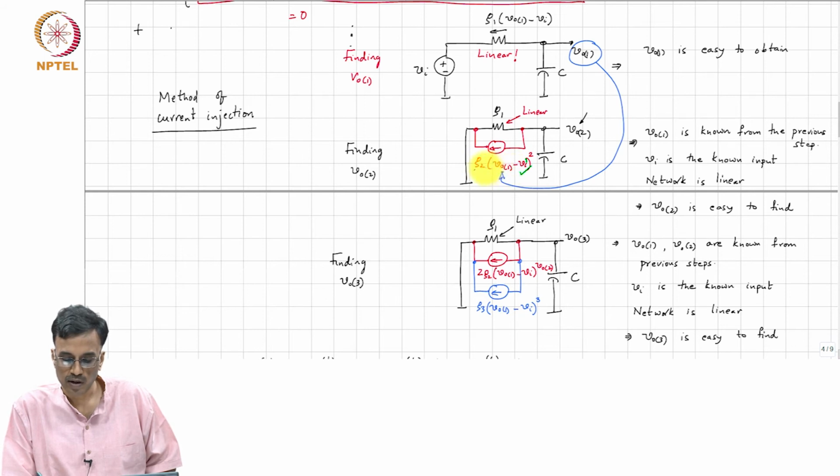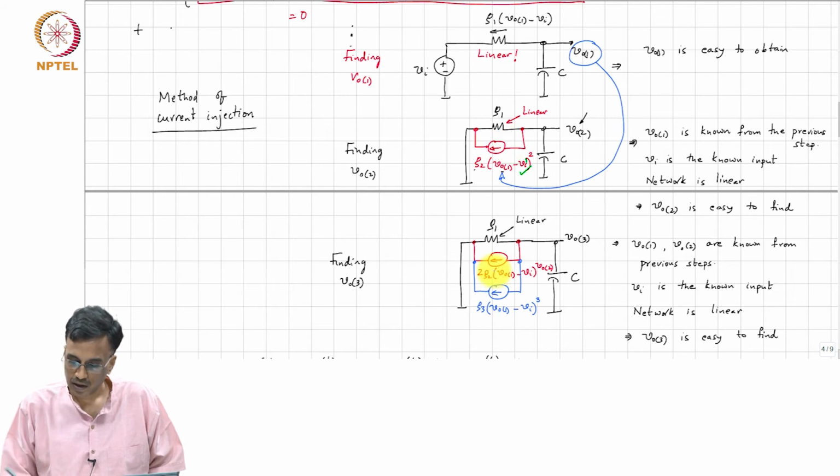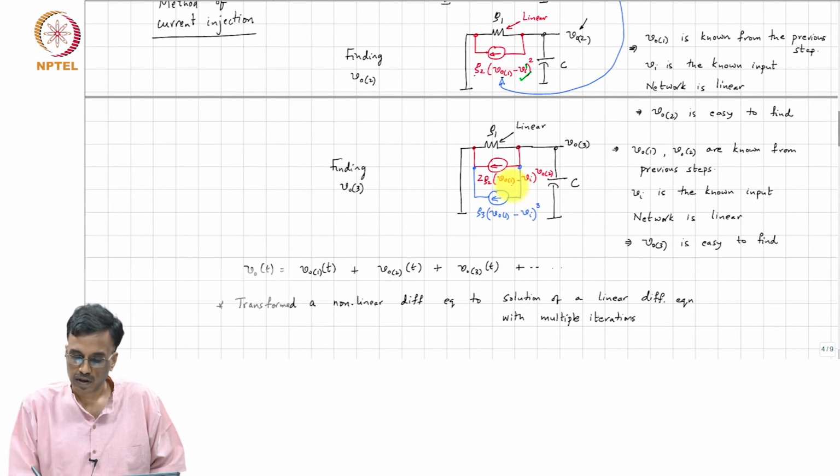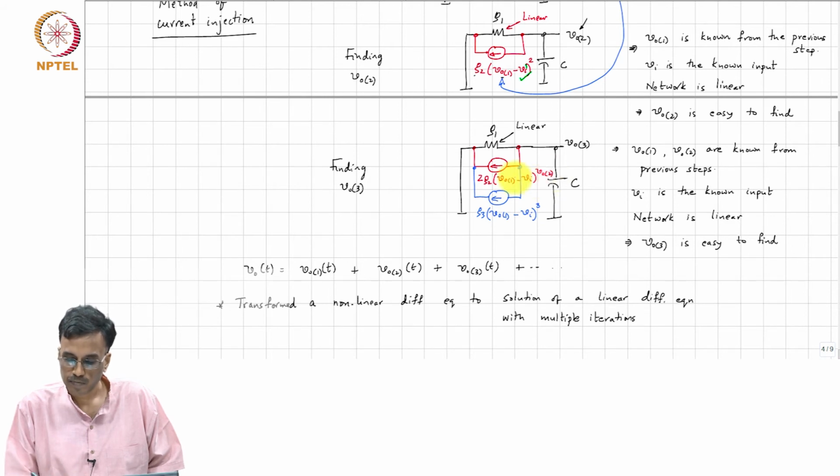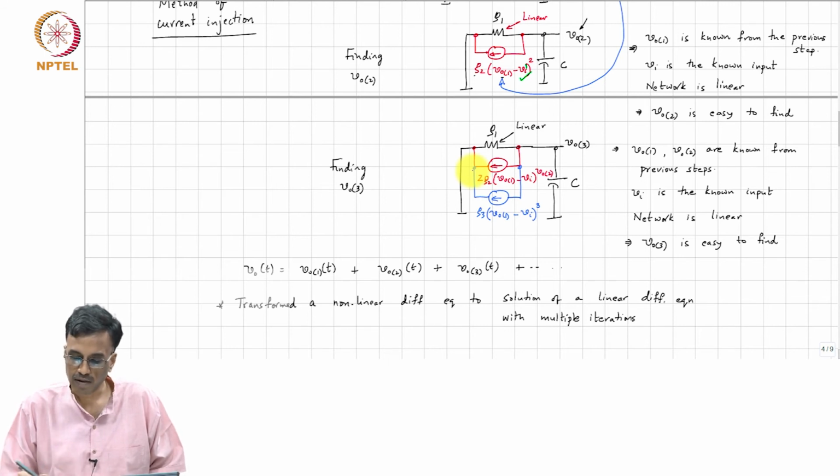We basically did G2 times all the second order current that is flowing. In the third order case, of course, the cubic term is very easy to understand, correct, but you also need to have a second order dependence, right. And what is the second order dependence that we have?